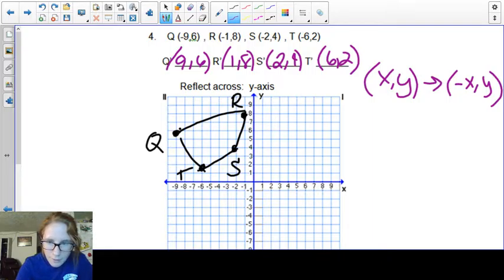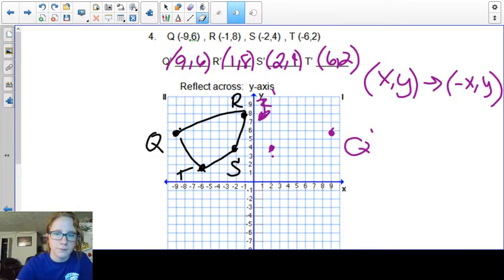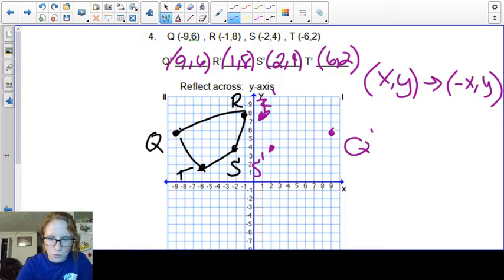So we have 9, 6, that's my Q prime. 1, 8, that's my R prime. 2, 4, that's S prime, and 6, 2, which is T prime.